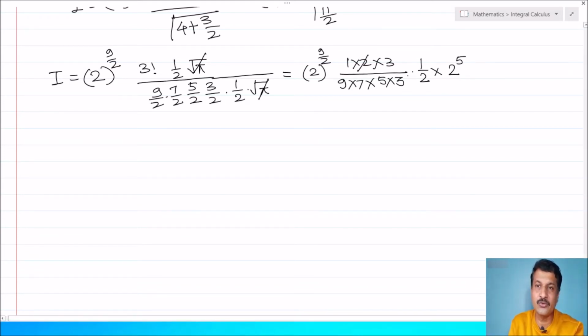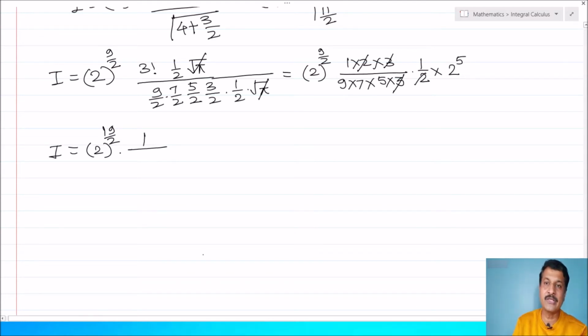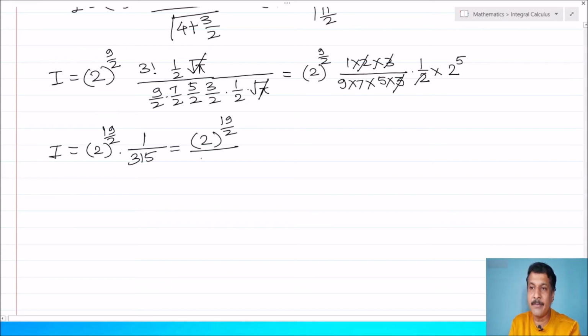So I am getting this 2 gets cancelled, this 3 also gets cancelled, and here power of 2. So I equal to 2 raised to, here 9 by 2 and here 5, means 19 by 2, into 1 upon 9 into 7 into 5. It is 315. So your answer is 2 raised to 19 by 2 upon 315.